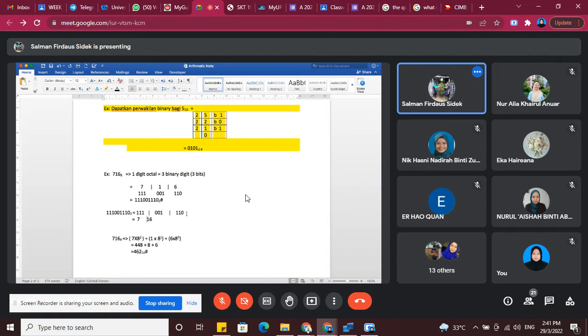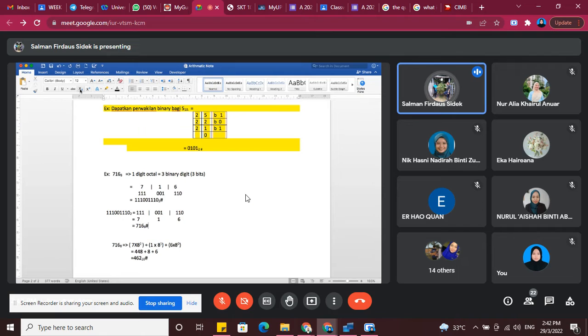716. Do these steps without skipping. Make sure your writing is easy for other people to understand, so do it step by step. What was the base? Base 8.